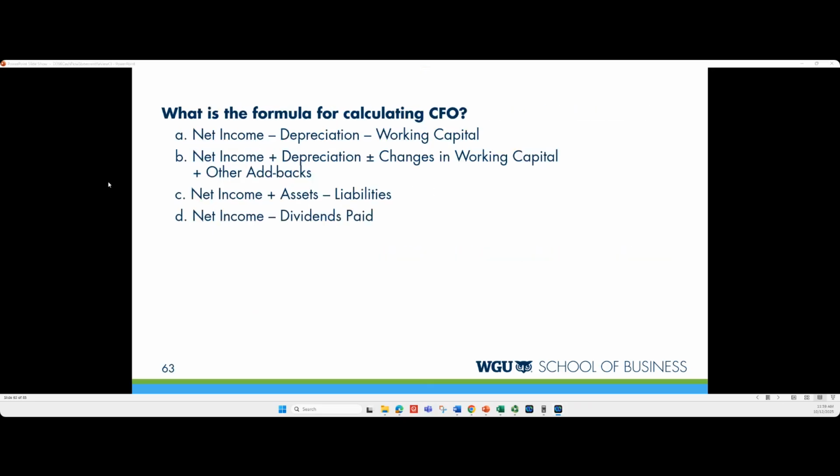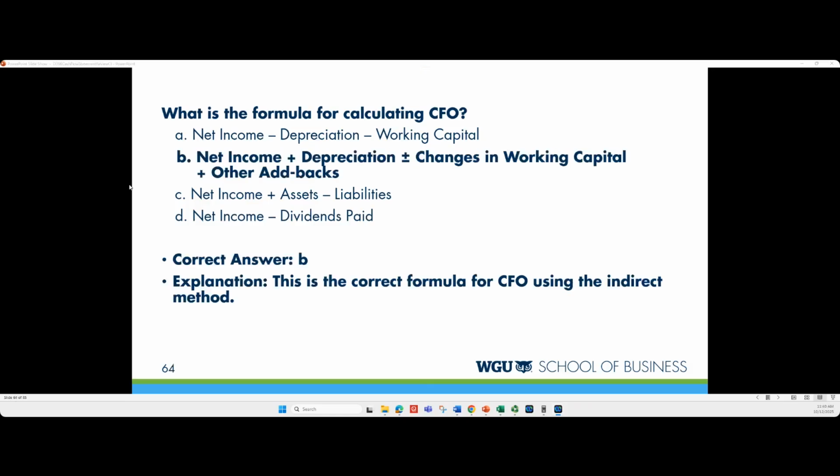Okay, so what is our formula for calculating our cash flow from operations? Okay, consensus is B, and that is the correct answer because we're using the indirect method.